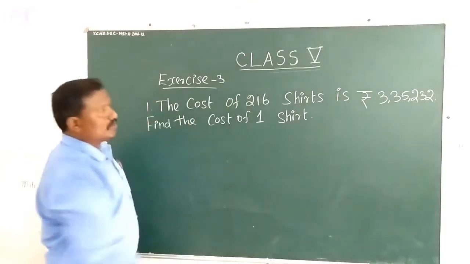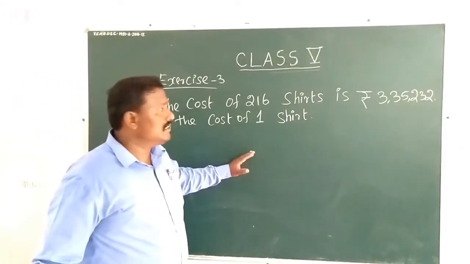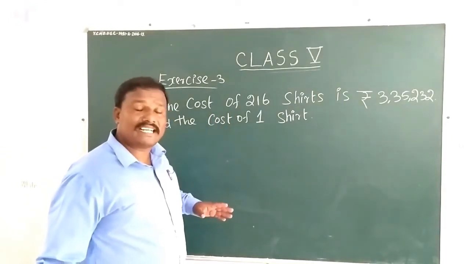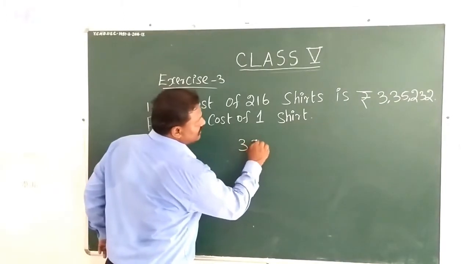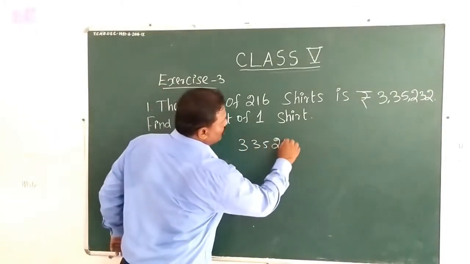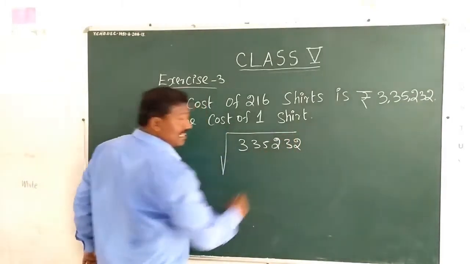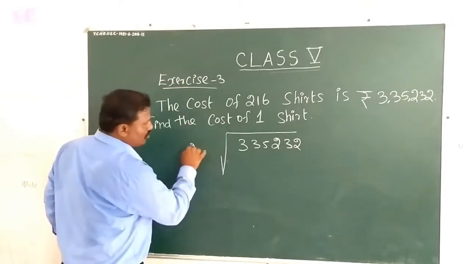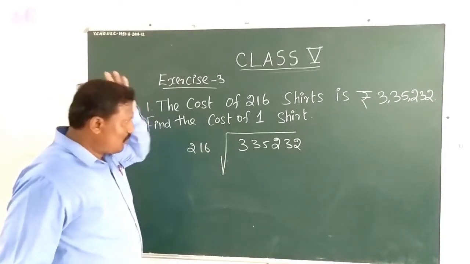Okay. So I told you the cost is the dividend and the number of quantity is the divisor. So I will take 3,35,232 as the dividend and 216 as the divisor.